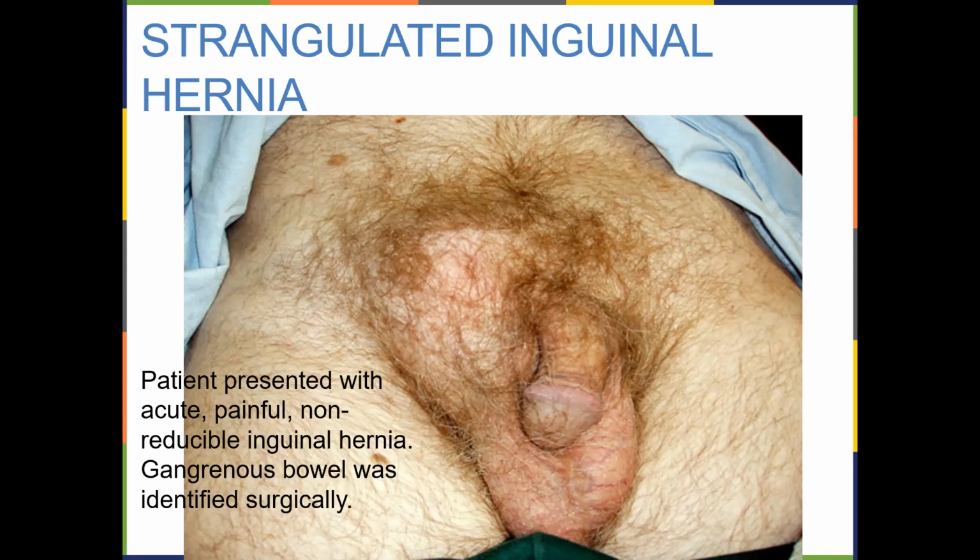Once it gets to that point, it still takes surgical intervention to fix it. Now we have a situation where the small intestine, the portion that's pushed through, is essentially dying because its blood supply is cut off.